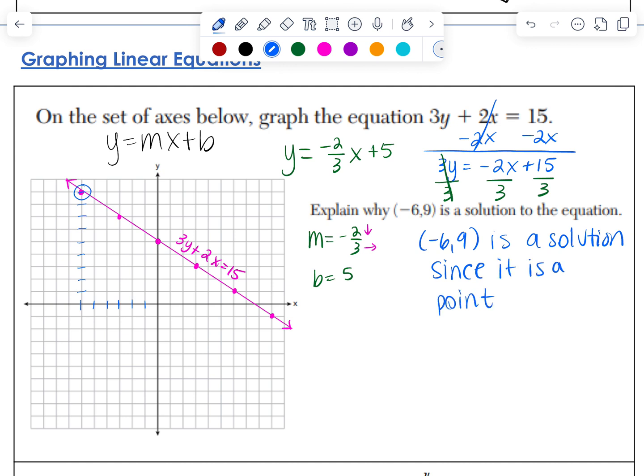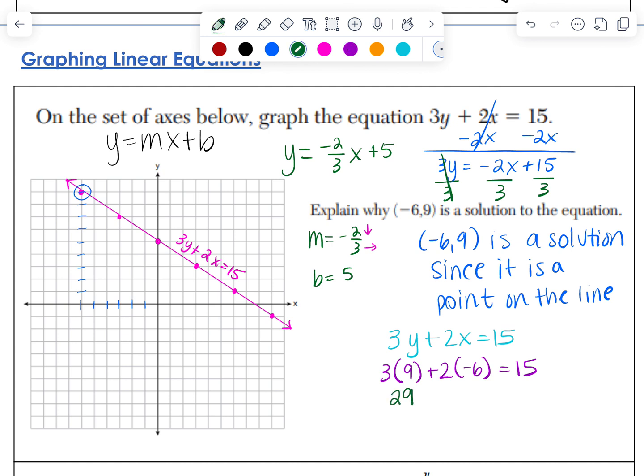Now I'm going to show you algebraically how we can support that answer. My original equation is 3y plus 2x equals 15. Let's plug in our y value we know is 9, and our x value we know is -6, and see if that works. 3 times 9 is 27. 2 times -6 is -12.